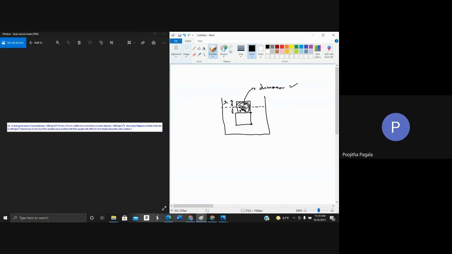So the remaining distance can be calculated because we know the dimensions.